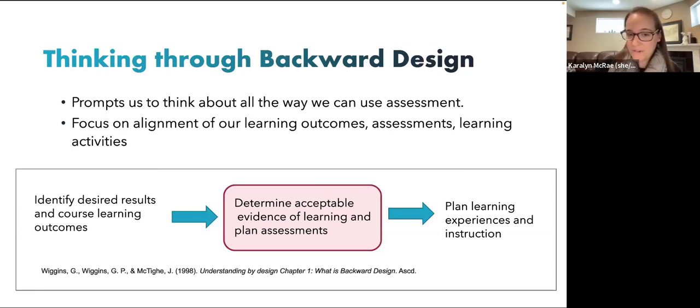I might have a smaller ungraded assignment looking at creating a thesis statement. And then maybe I have a smaller assessment on how students critique a paper. And then these assessments are essentially building into that final assessment that I want them to do to show me the learning. So there's lots that goes into this kind of design, and assessment is such a key piece of using backwards design.